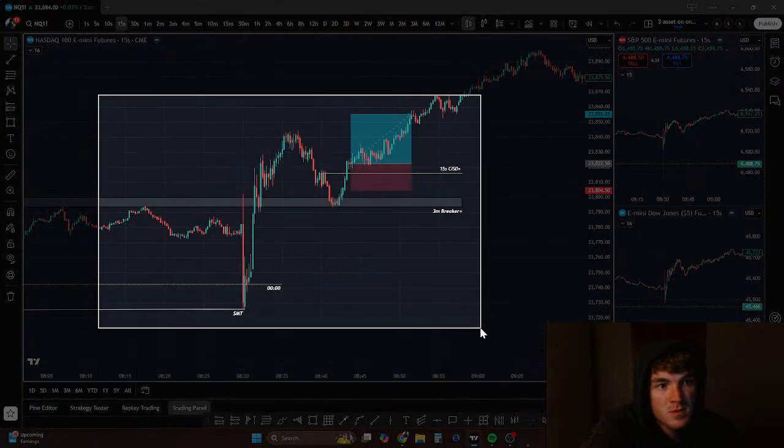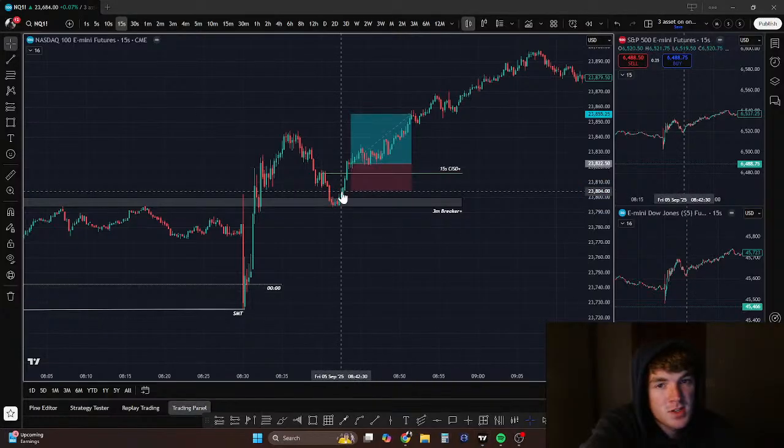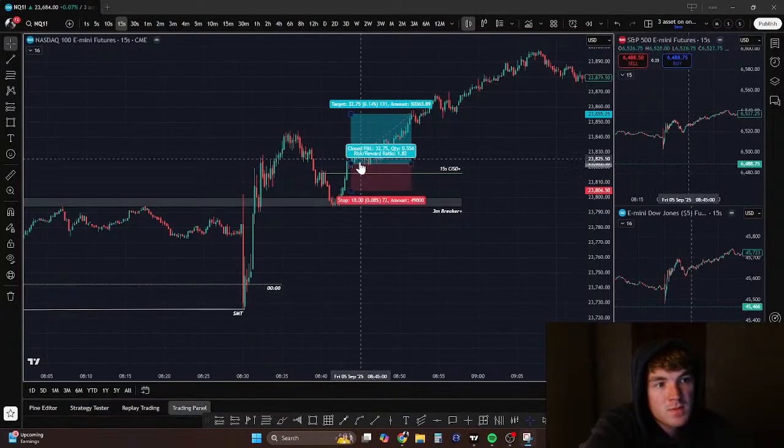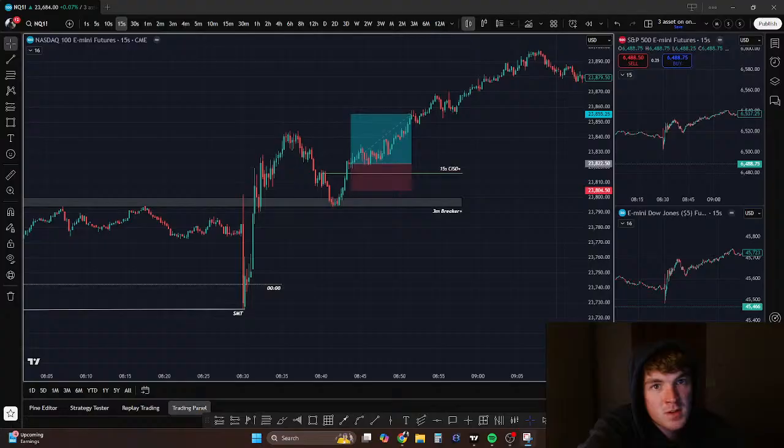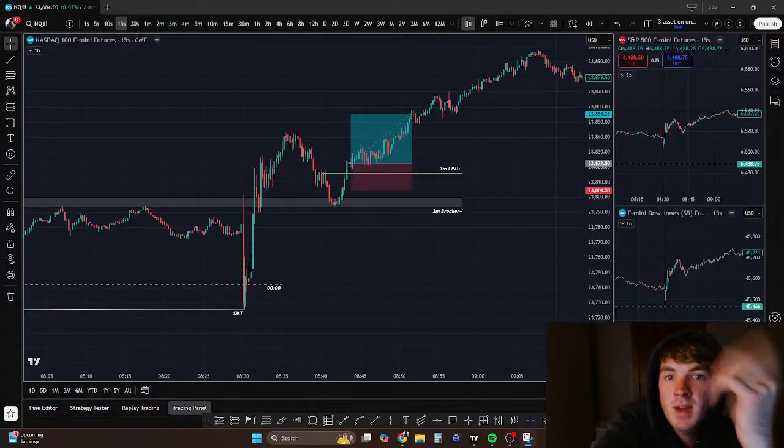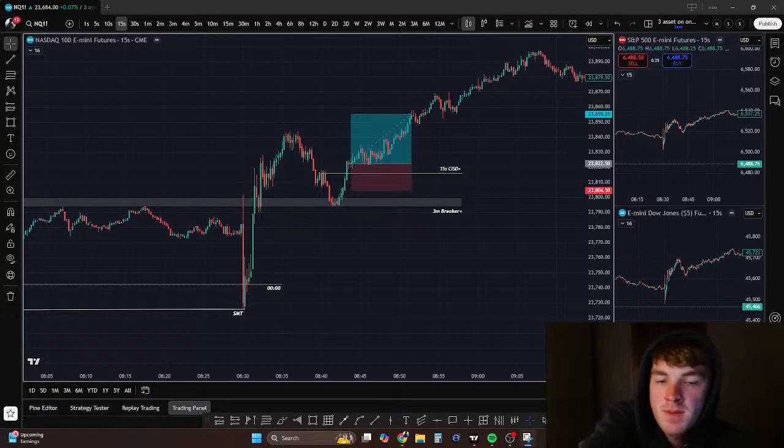3-minute breaker, 15-second change of state. 8:43. That's not super obvious. I probably would not take that, but I just like marking stuff out, even if it's not obvious. Taking notes is kind of my thing.